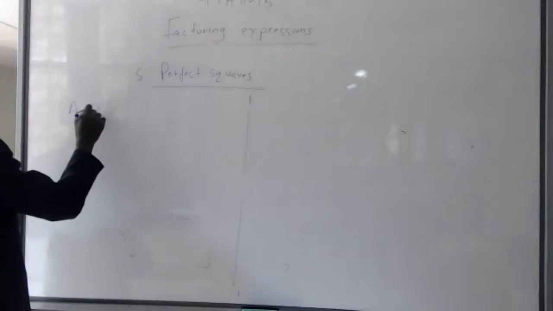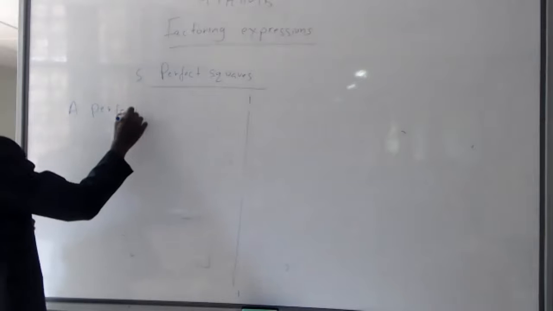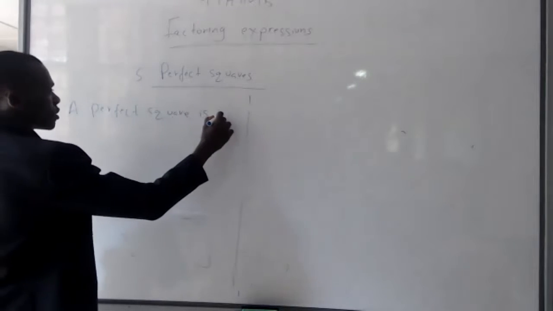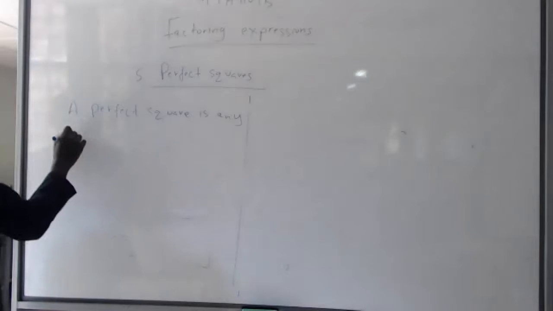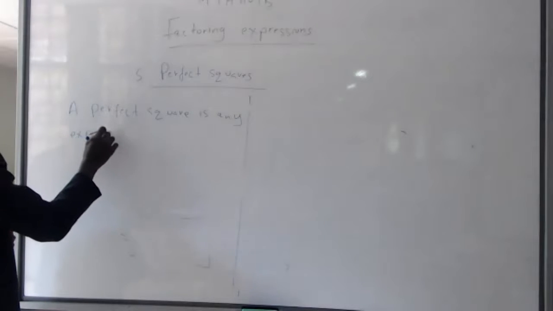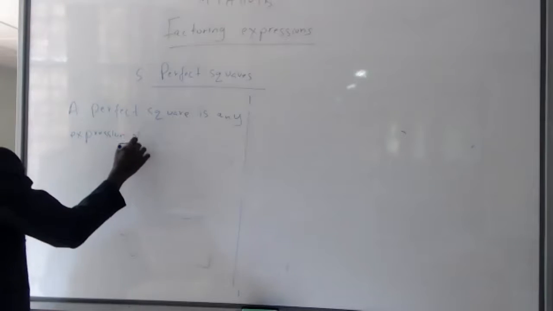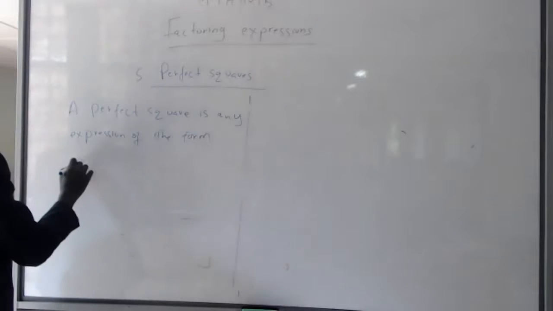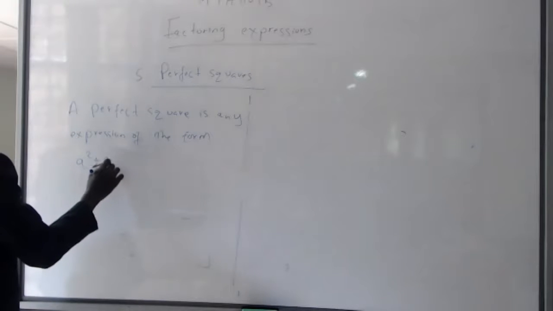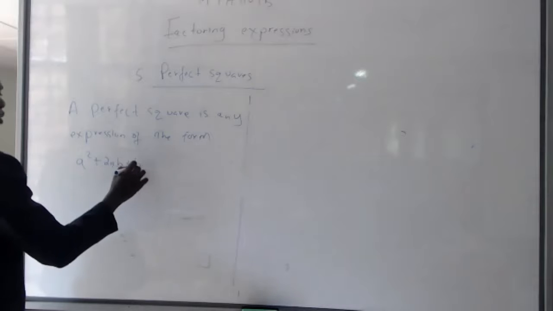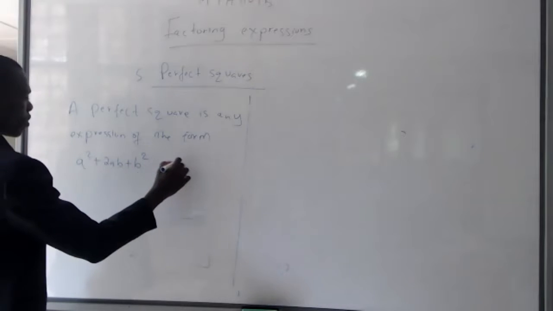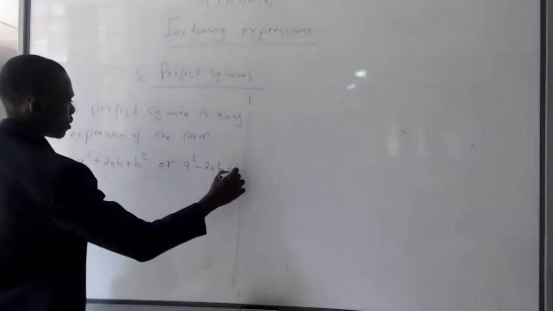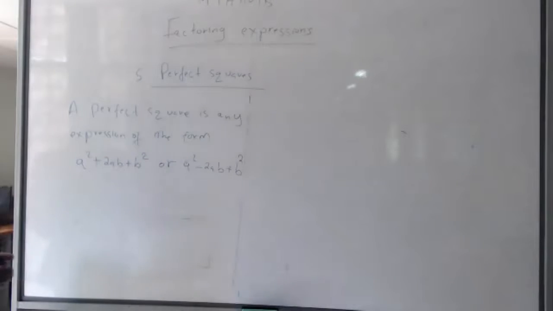A perfect square is any expression of the form a squared plus 2ab plus b squared, or a squared minus 2ab plus b squared.